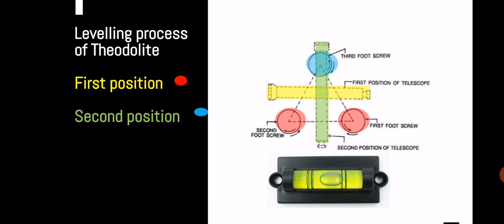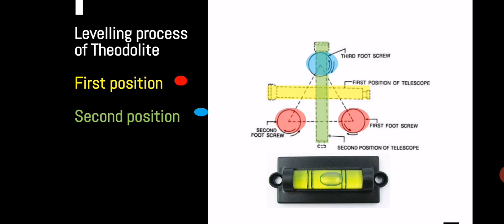It shouldn't be both running clockwise or anti-clockwise, but inwards or outwards. Once this has been done, we get the bubble right in the middle part. From this setting, we move towards the next position.